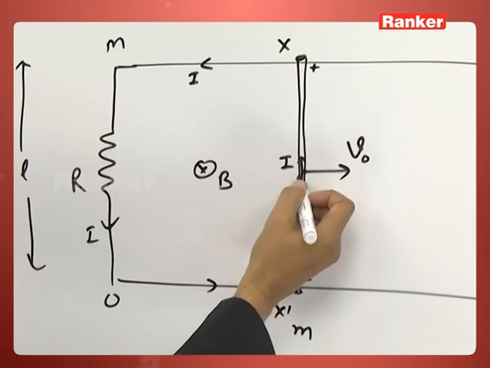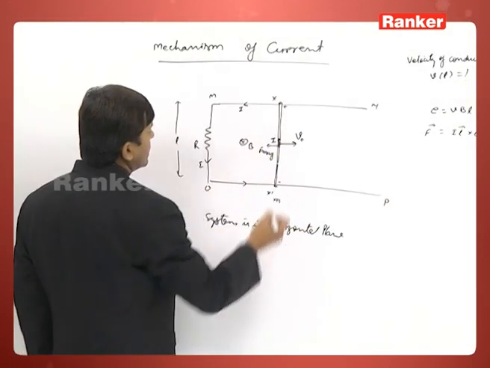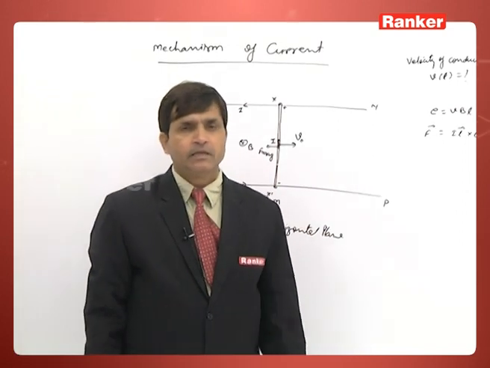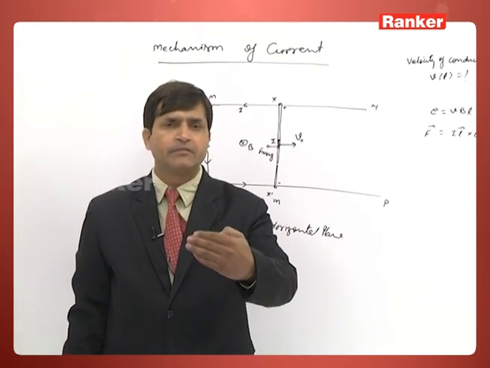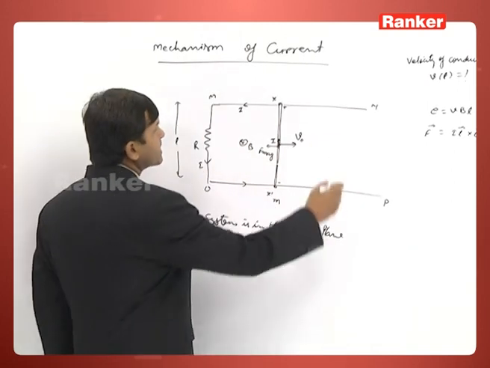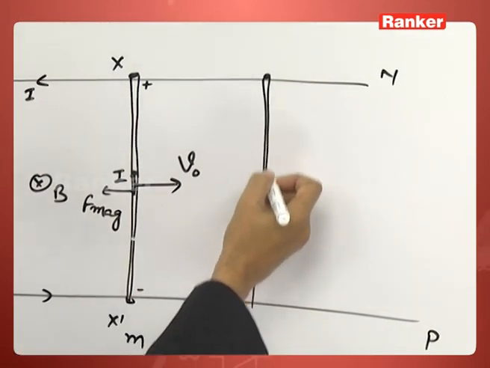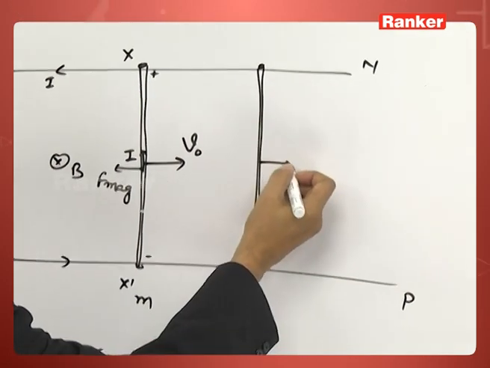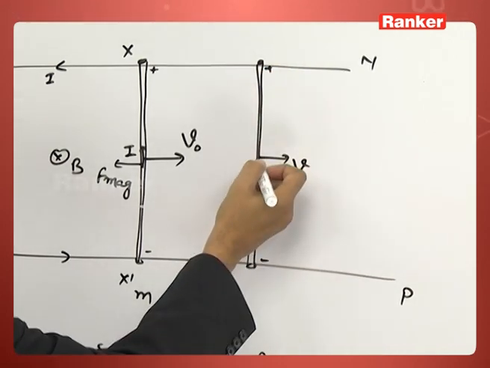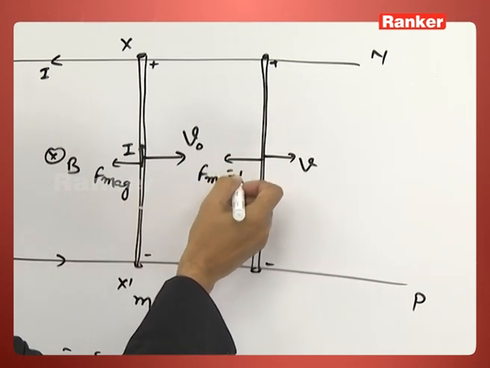So on that side, magnetic force starts acting, and that magnetic force is opposite to the velocity v naught. It means now the velocity of the conductor decreases. So when the velocity of the conductor decreases, let at the new position the velocity of the conductor be V, and we can find the magnetic force F magnetic, which is IBL.